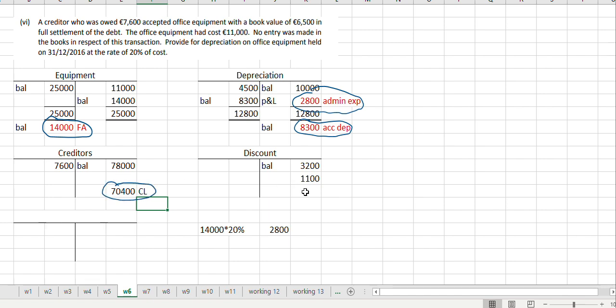Discount, both on one side, so I'm going to do it short again: 4,300 is your discount, and that is a gain because that's discount received. So in the P&L, that's going to be a gain, which I will show you in the solution. Okay, so those figures.